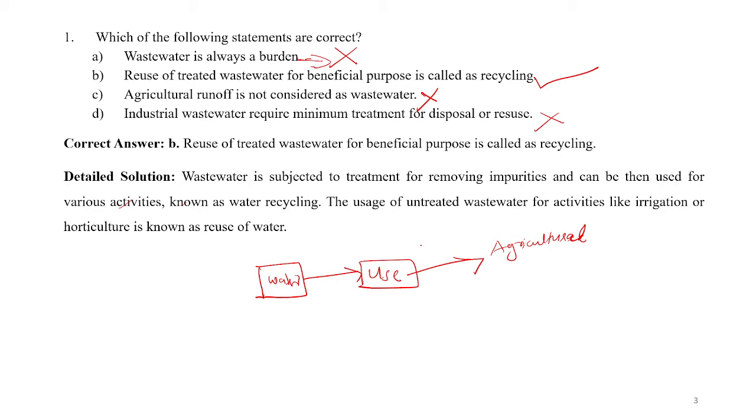So this term can be called as reusing. In a few countries where they face acute shortage of water, we have developed technologies to treat this water in a form that it is so pure that it can again be recycled for use as water. So that is known as recycling.